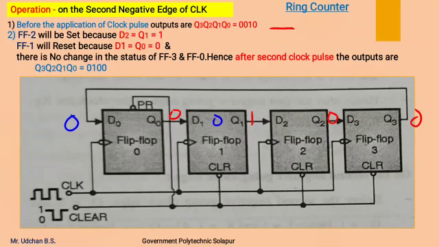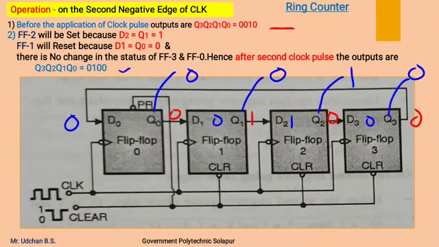Now based on this we will get the respective outputs at the second negative edge of the clock. As D0 is 0, Q0 will be 0. Q1 will be 0 as D1 is 0. Q2 will be 1 as D2 is 1. Q3 will be 0 as D3 is 0. Therefore, after the second negative edge of the clock, we will get the output as 0, 1, 0, 0.